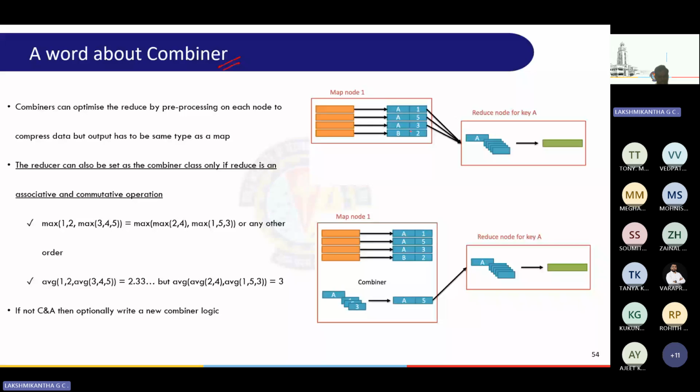It is sending to the key A. Now look at the second example. In the second example, we have taken the help of a combiner. The combiner runs on the mapper node. Remember this. It takes these intermediate pairs and aggregates the values here only.